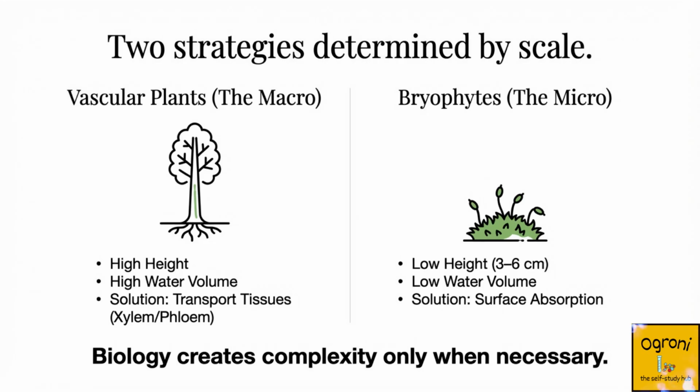Their water requirement is low and water can easily move through their entire body by absorption from the surrounding environment. Hence, bryophytes do not need special transport tissues. This is why bryophytes grow in moist and shady places where water is easily available.